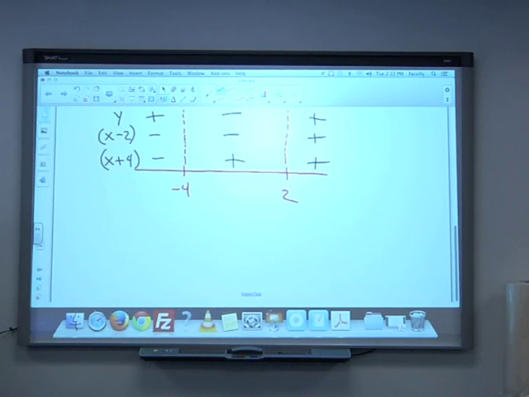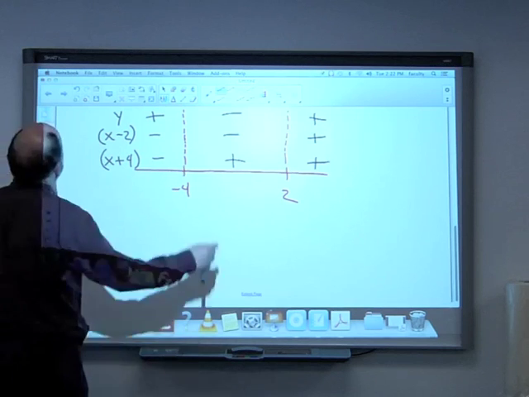From -4 to 2, my graph is decreasing. Okay? And then from 2 to infinity, it's increasing. Okay? Positive, right?